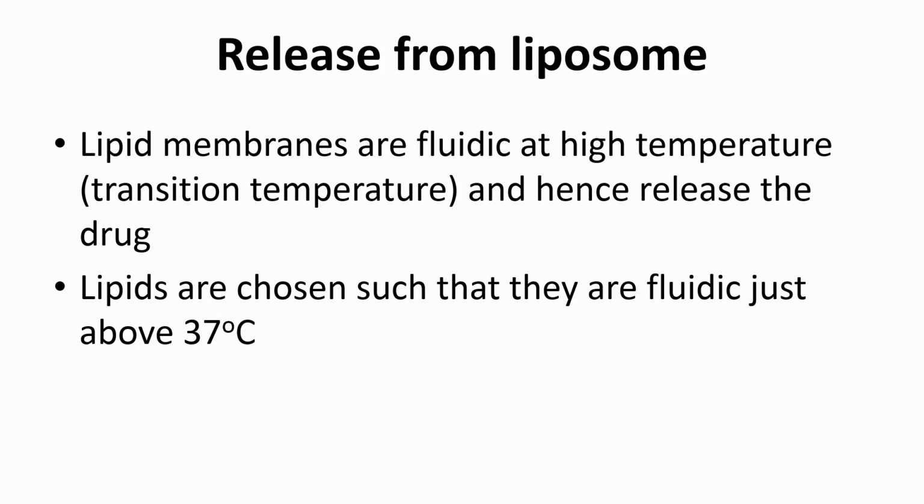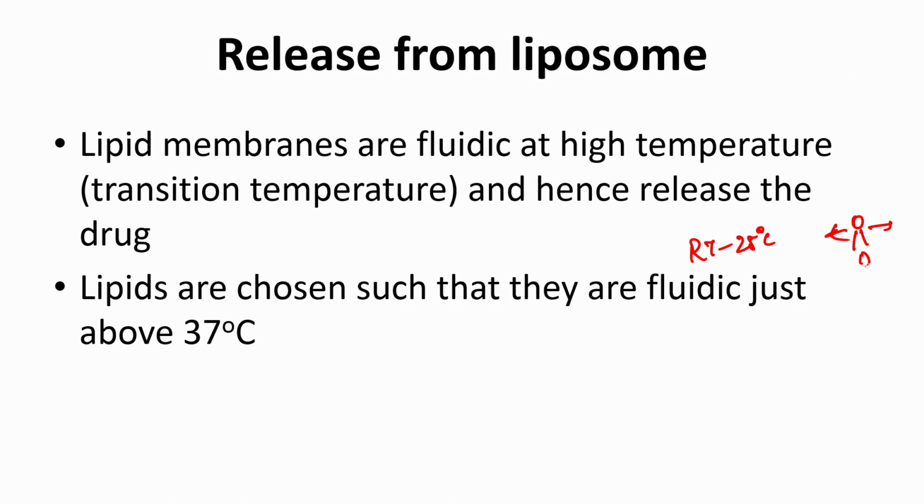So, that is one way for the release to happen. For that, the lipids are chosen such that they are fluidic just above 37. At a lower temperature, let us say room temperature, 25 degrees Celsius, they are fairly solid, so the sideways movement of the lipids is very low.